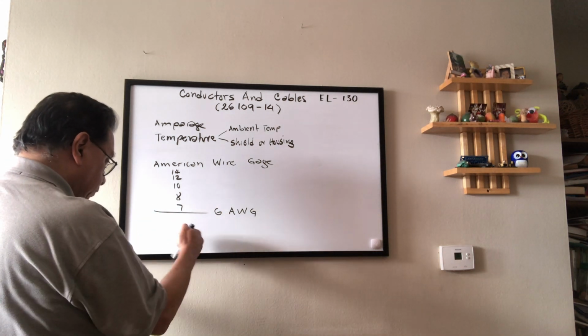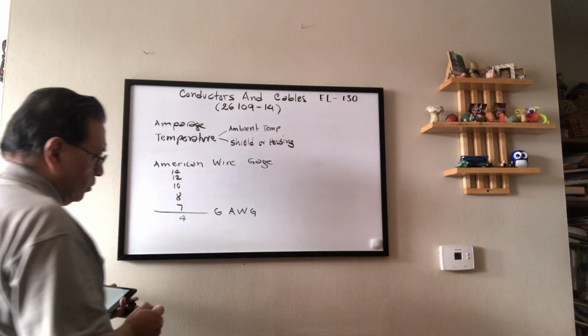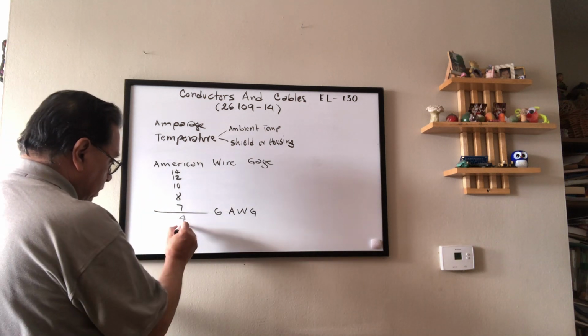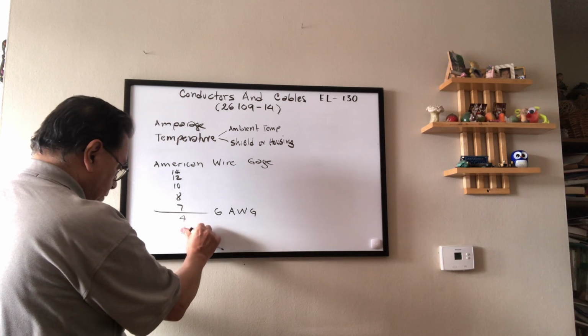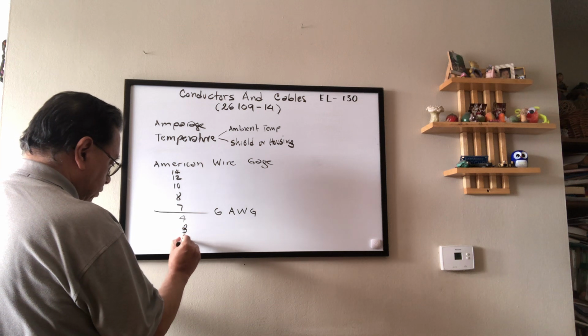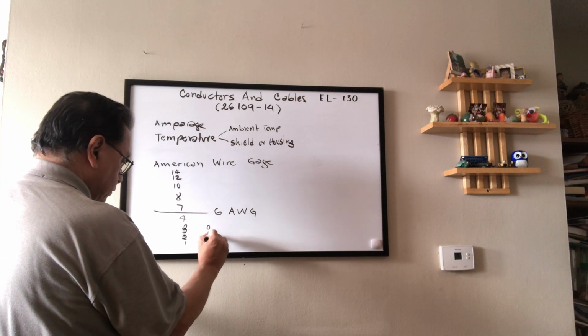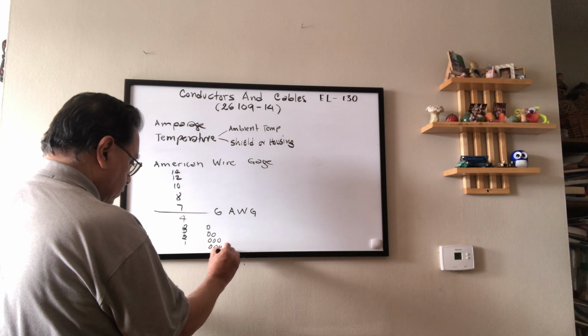On the opposite, number 4 is able to transport a higher amount of electrical current than number 6, then number 3, number 2, number 1, and then we have 1 0, 2 zeros, 3 zeros, 4 zeros.